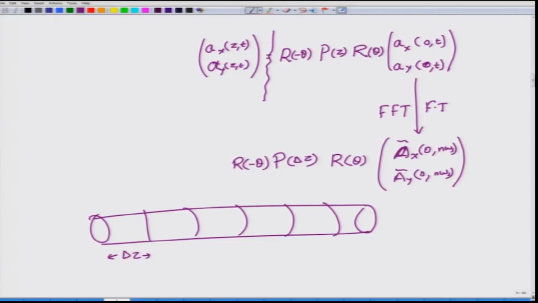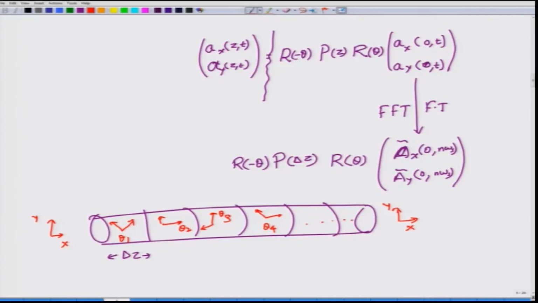In order to account for first order PMD, what we assume is that while the lab frame axes x and y are fixed, the offset angle theta is different in different sections. So, let us say this is theta 1, this is theta 2, this is theta 3, this is theta 4, and so on up to the last section.